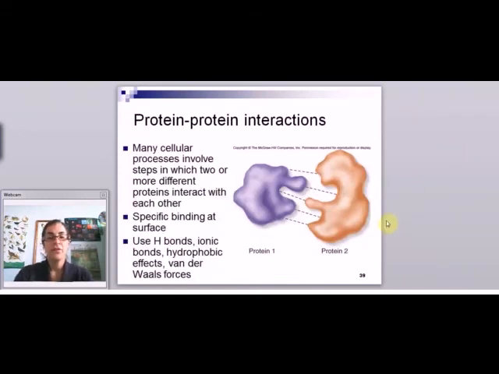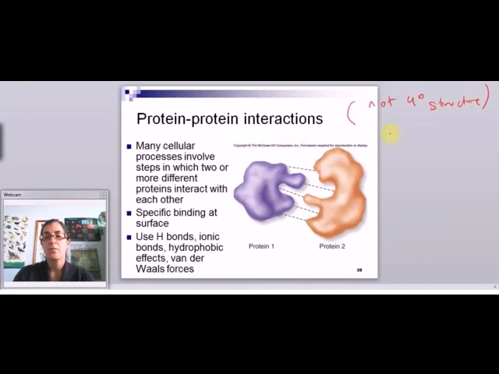On a final note, these interactions that we've been talking about can also facilitate temporary interactions between proteins, so protein-protein interactions. This is not quaternary structure. Quaternary structure is permanent interactions between proteins. This is short-lived or reversible interactions between proteins.